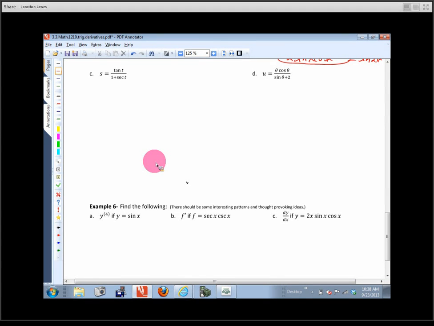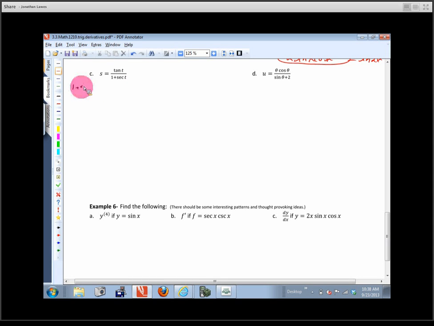So when we find the derivative of this, and I'm going to write fairly small so we've got room for this, I need to use the quotient rule. So I'm going to take the bottom, just going to blindly write that down, times the derivative of the top. Derivative of tangent is secant squared. Minus the top, so tangent of t, times the derivative of the bottom.